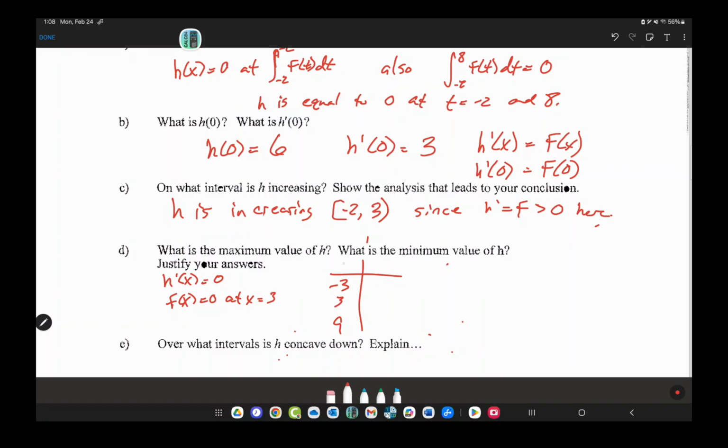So we have x and h. Now, let's look at this.